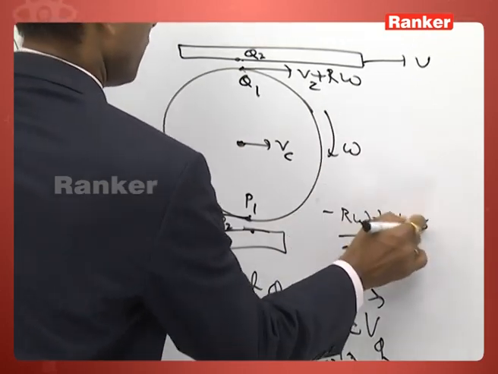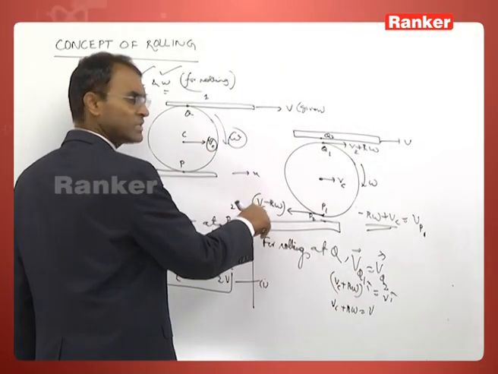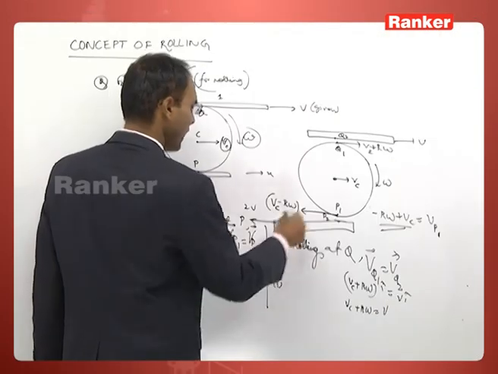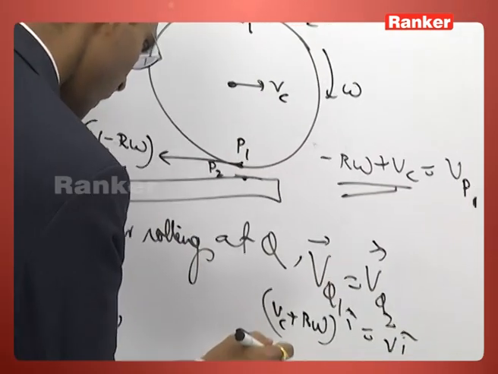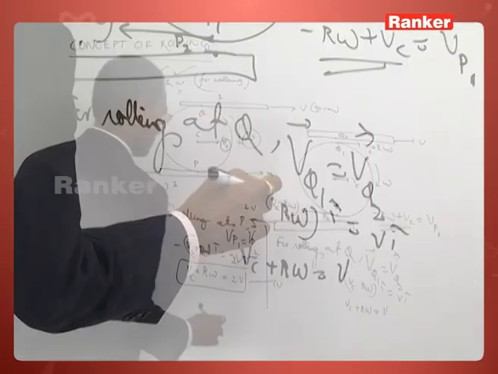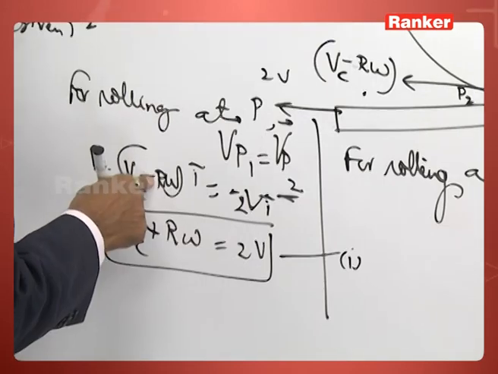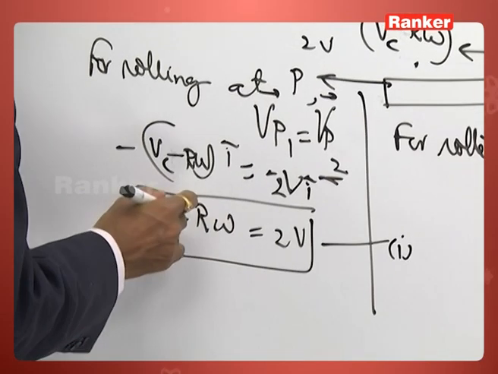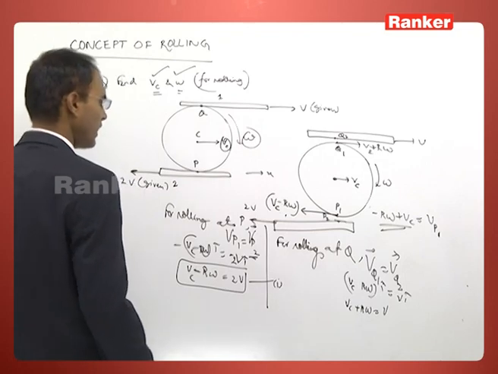So it should be Vc minus R omega, this is the velocity of the point P1. Vc plus R omega is a wrong result. So Vc minus R omega, in negative x direction. Therefore instead of Vc plus R omega, we should write Vc minus R omega. So Vc minus R omega is equal to 2v. This is the correct equation.